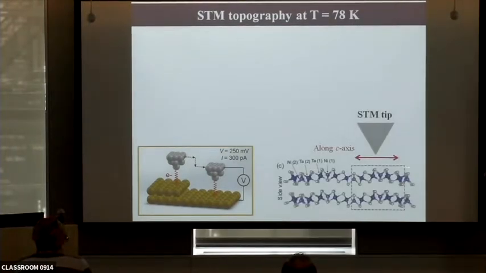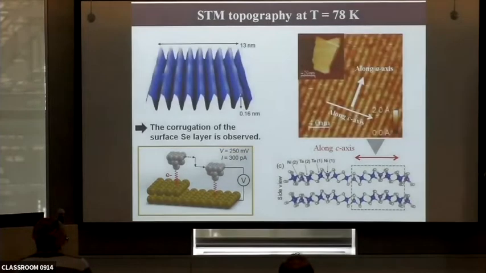We scan the sample along the c-axis as shown in this figure, across the nickel and the tantalum chains. The gray atom is a selenium atom. Since the selenium atoms are in the outermost surface layer, the STM tip just follows the height of the selenium atoms.